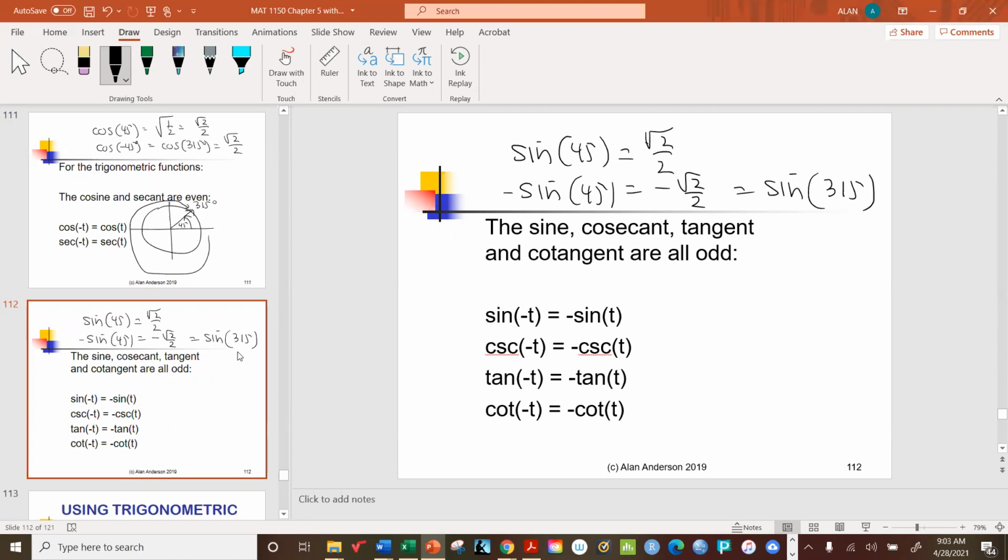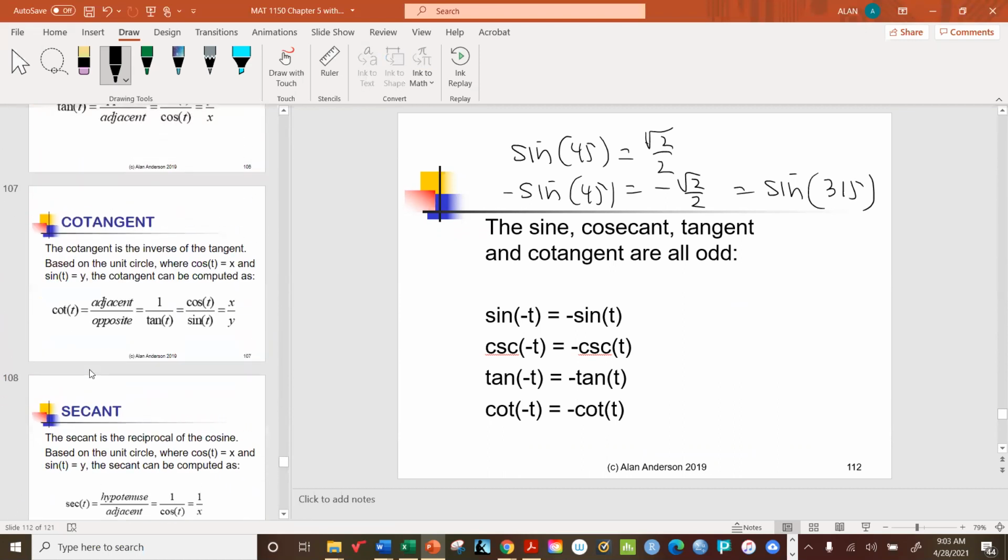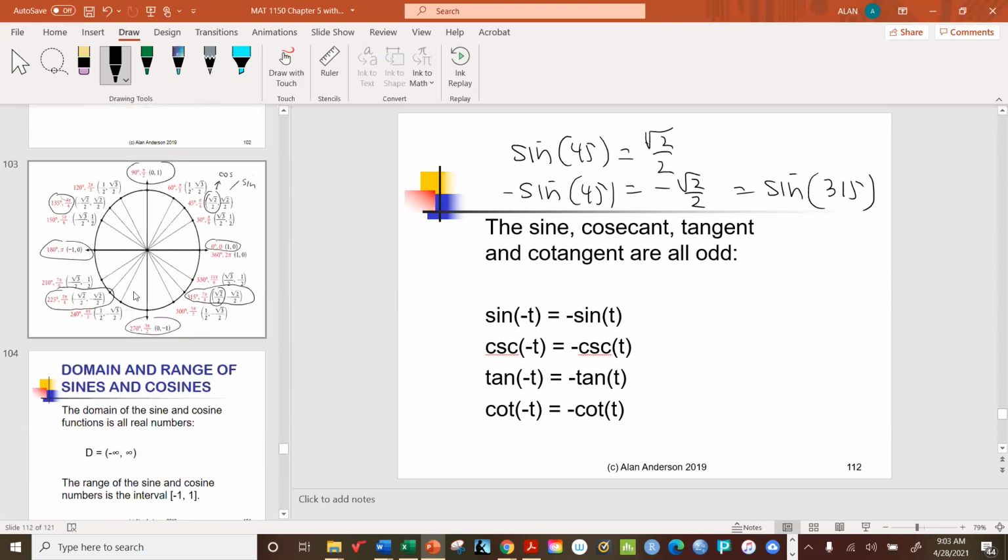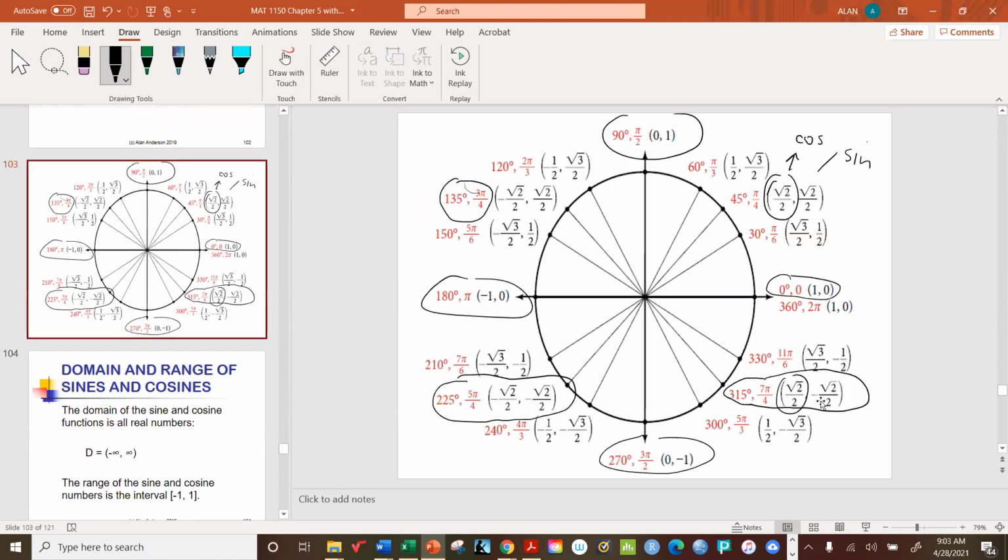All right, shall we prove it? Yes, we shall. And right there, you can see the sine of 45 was radical 2 over 2, which means that for 315, it must be the negative of that. And that's exactly what happened.